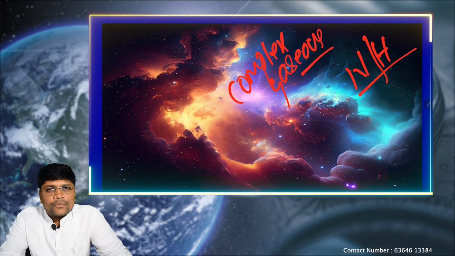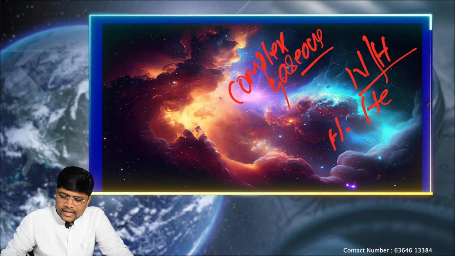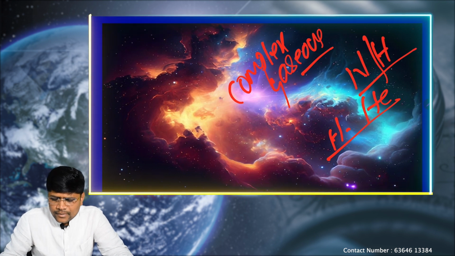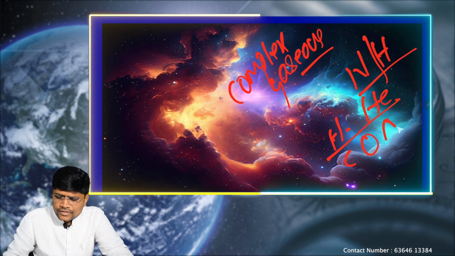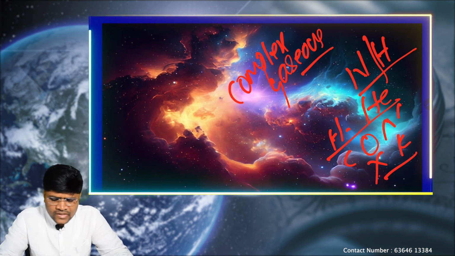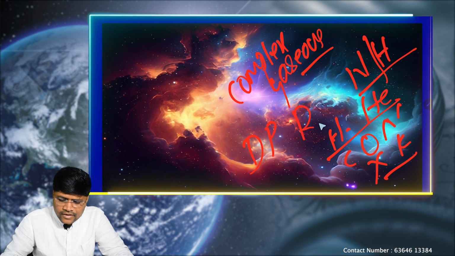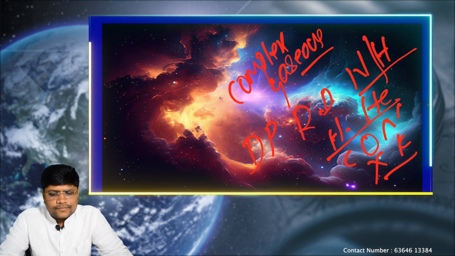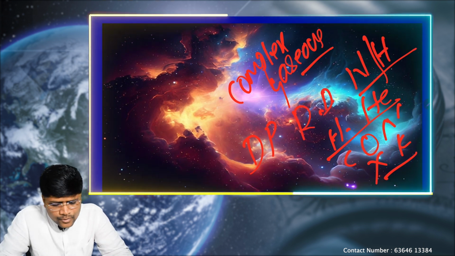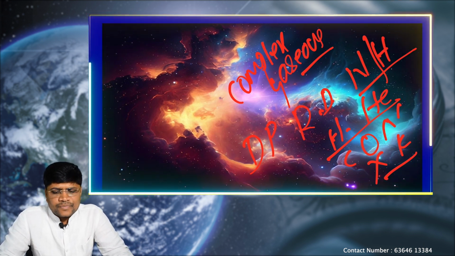Because it was not made up of just one or two gases. It was made up of a good number of gases, mainly hydrogen and helium, which are very light elements, then carbon, oxygen, nitrogen, xenon, krypton, etc., which are the heavier elements. Along with these gases, it was also made up of dust particles and even some rocky debris. So this was the nebular hypothesis. From this nebula, the present day solar system evolved.